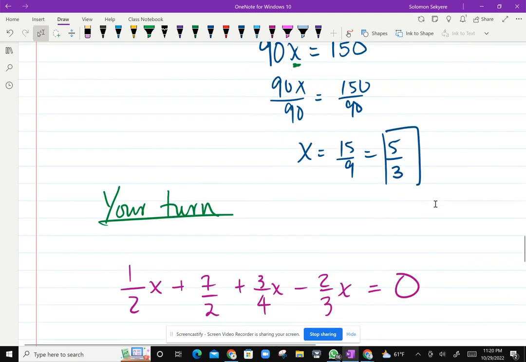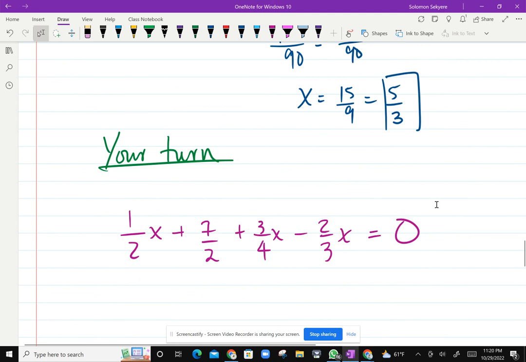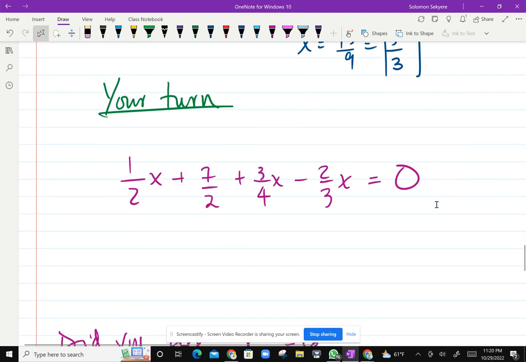Okay, and now your turn. What is 1 half x plus 7 over 2 plus 3 over 4x minus 2 over 3x? What are you going to do first? First you can collect all your like terms, group them. But now you look at it, there's nothing over here. So what are you going to do?